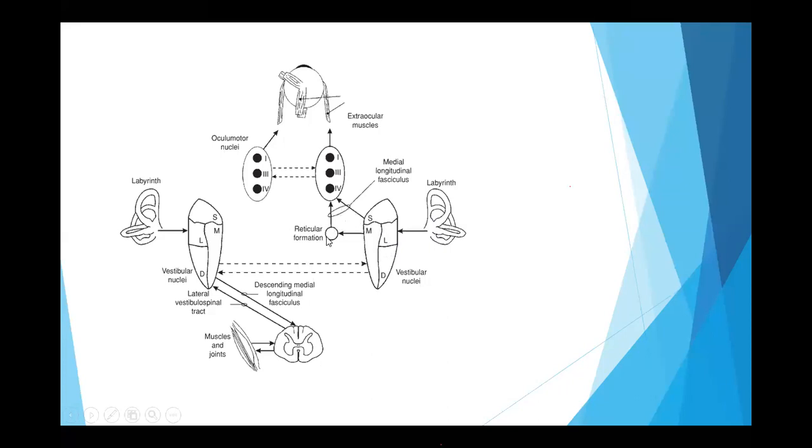One is your reticular formation, and then to your oculomotor nuclei. Okay, so this 1, 3, and 4 are all your cranial nerves responsible for vision. Okay, you have your abducens, you have your trochlear, and then you have one more, optic nerve. So you have 3 things.